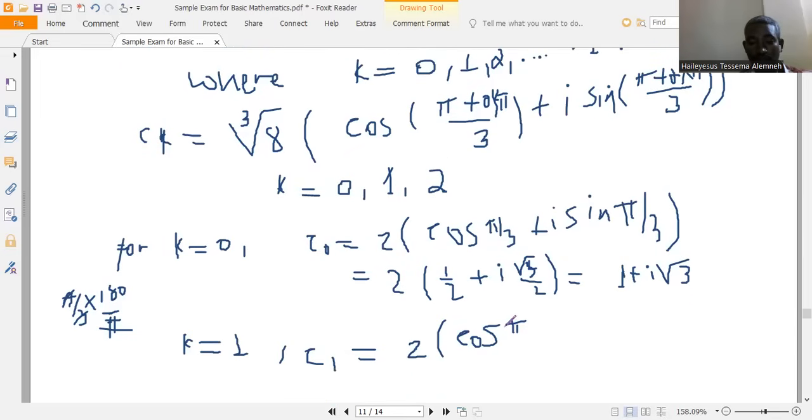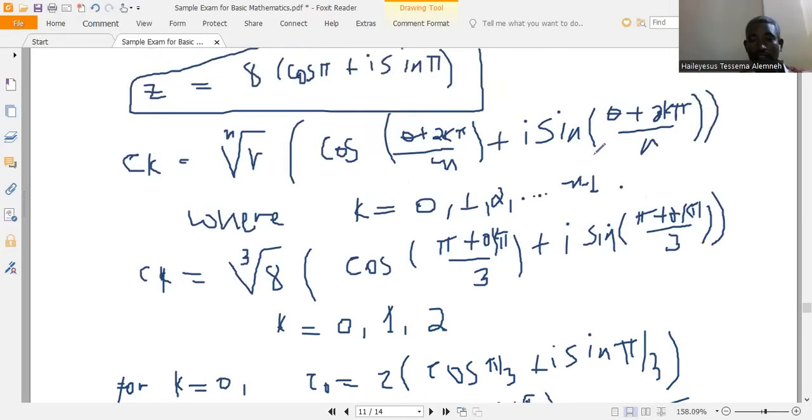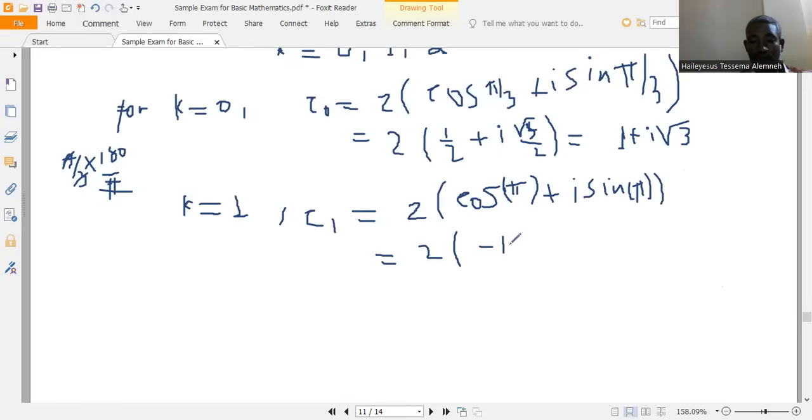Pi plus 2 pi is 3 pi over 3, which is just pi. So it is cos pi plus i sine pi, which is 2 times (cos pi, which is minus 1, plus i sine pi, which is 0). So it is equal to minus 2. Minus 2 is the second root.